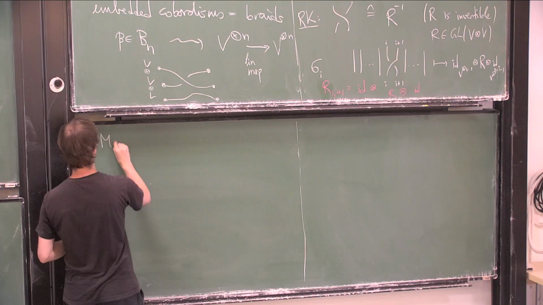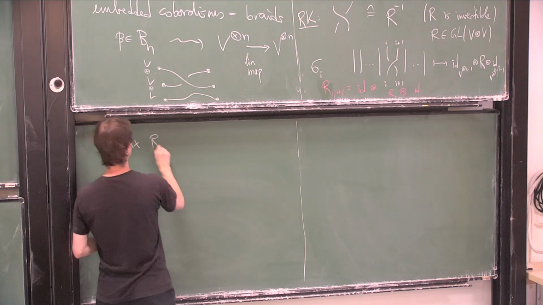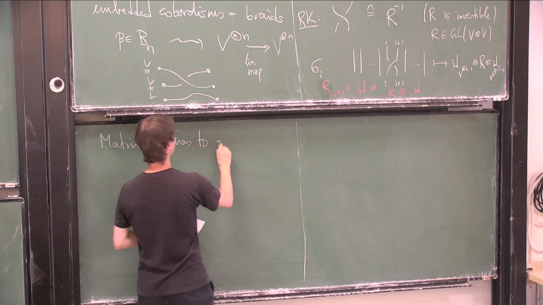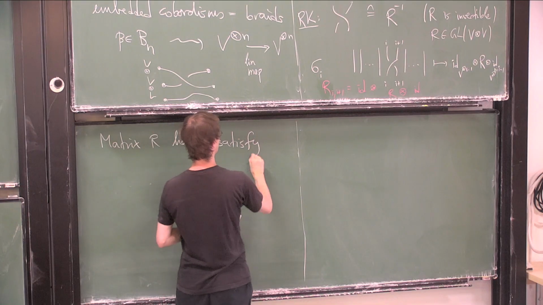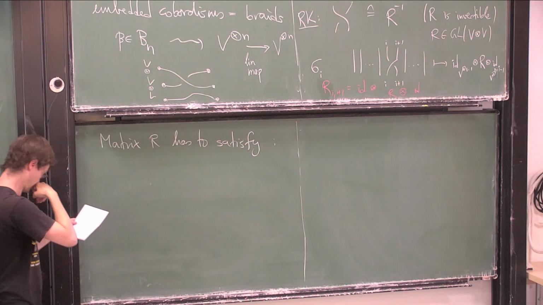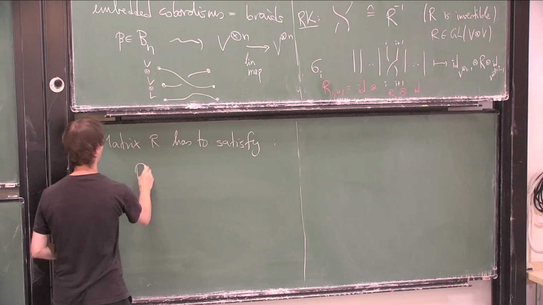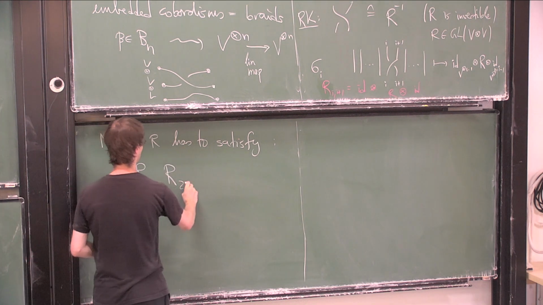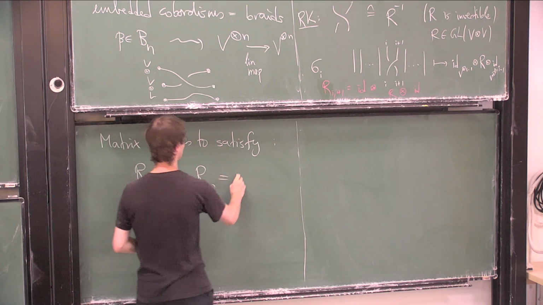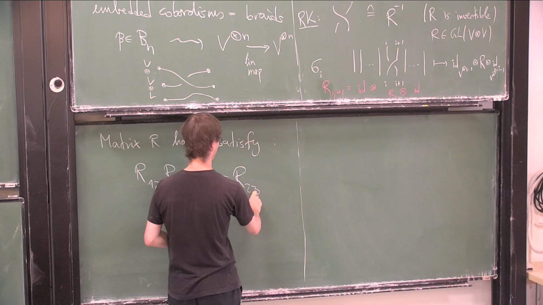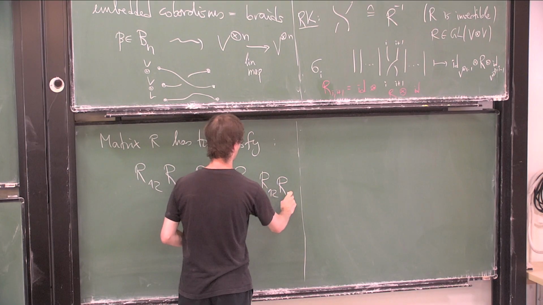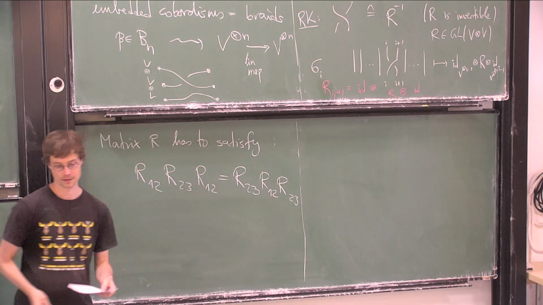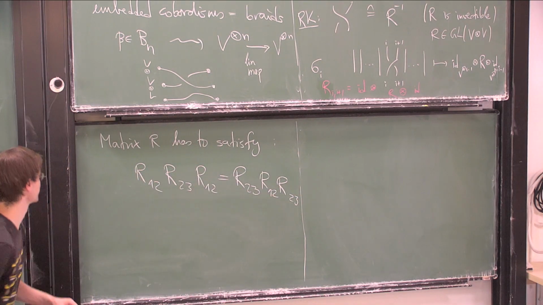This matrix R has to satisfy R_12 R_23 R_12 equals R_23 R_12 R_23. And this is exactly what is called the Yang-Baxter equation.